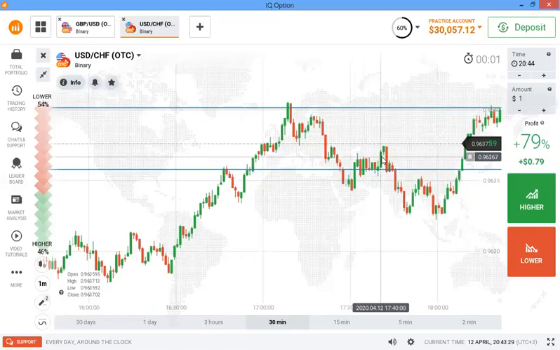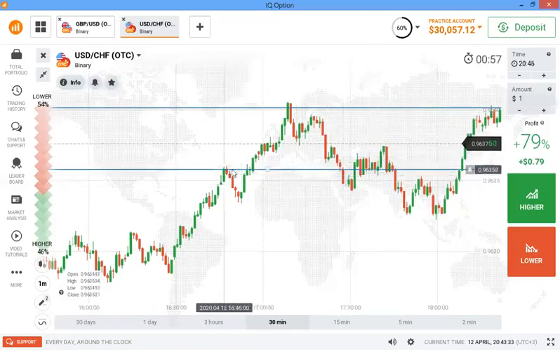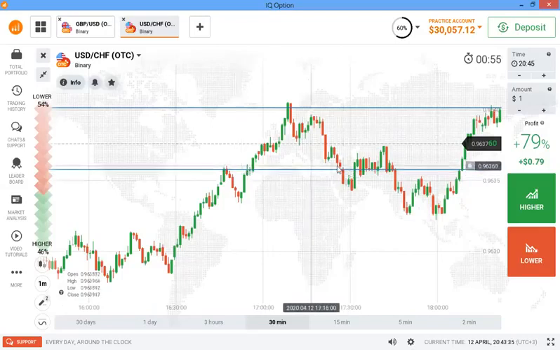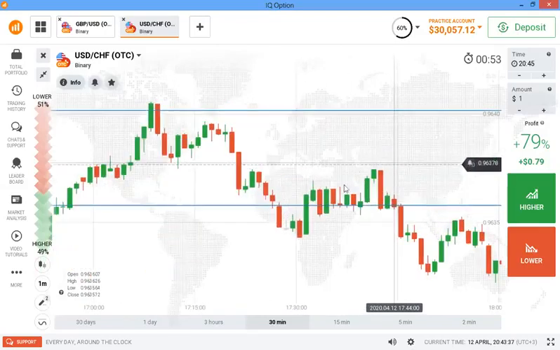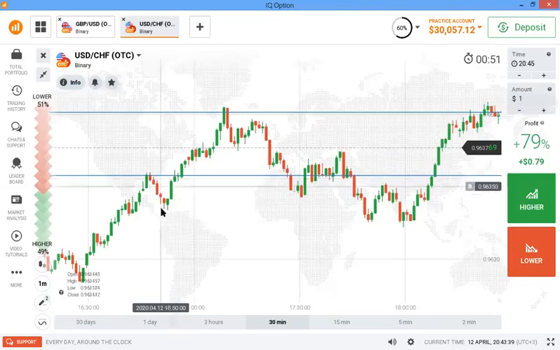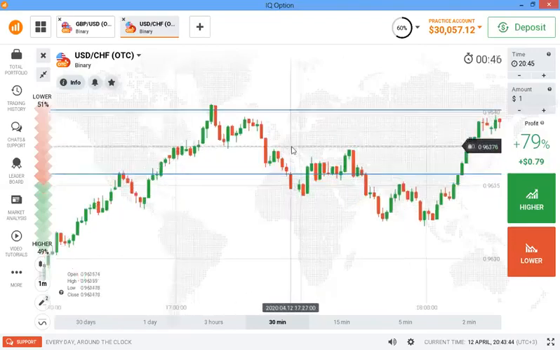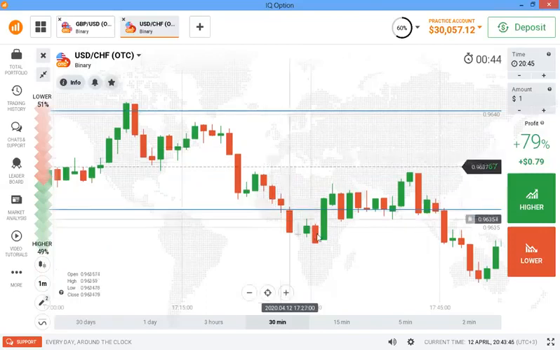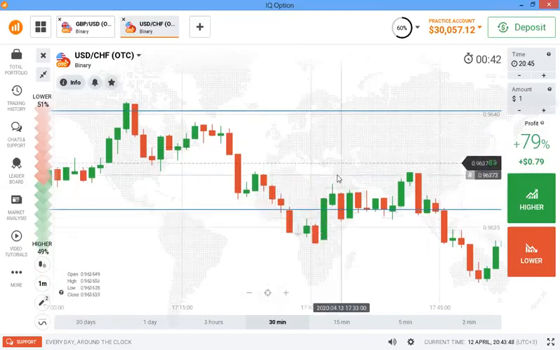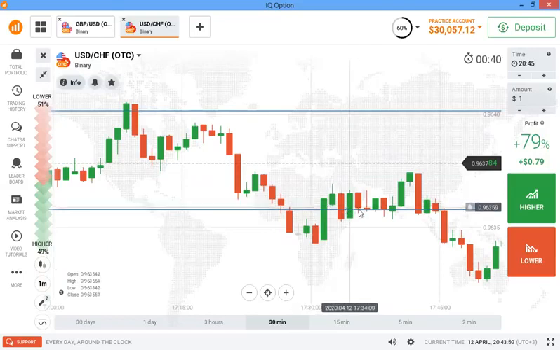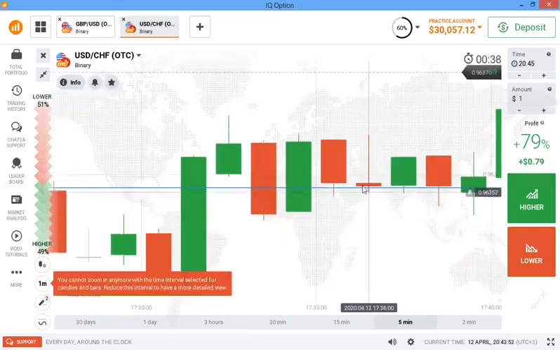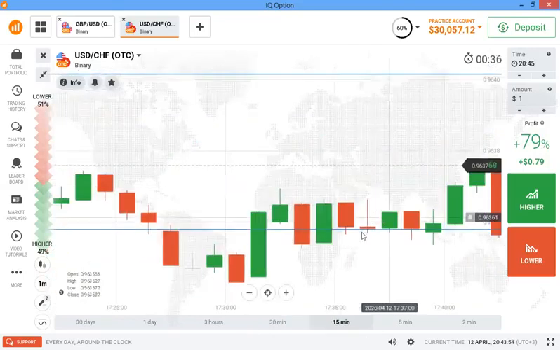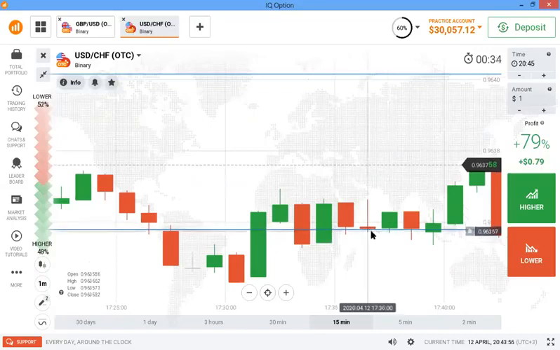Check in the past, where is the level that tested this resistance that later became a support? We have the resistance, later it was broken out by this bullish momentum. Now sellers break it again, buyers enter, break the level again. So it should act as a support level. Here you can see now it's acting as support level.